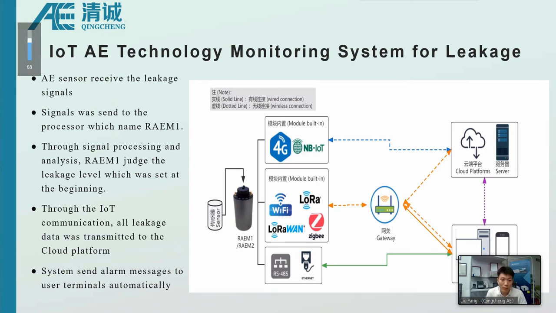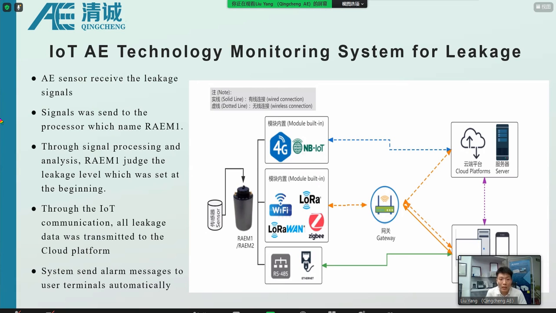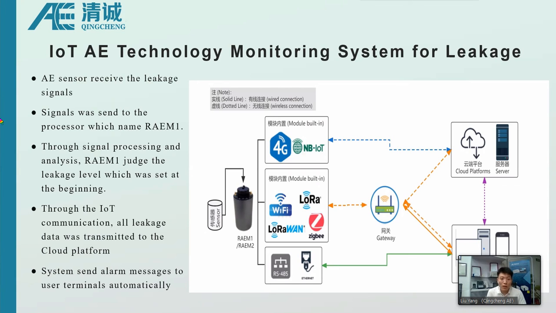RAEM1. The processor can analyze the signal data from the leakage and also judge the leakage level, which is set at the beginning. Then, through internet communication with 4G, Wi-Fi, Ethernet, or anything you want, we can send the data to the cloud.